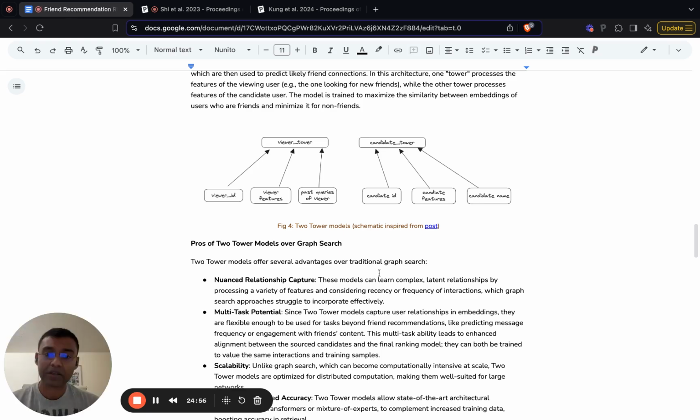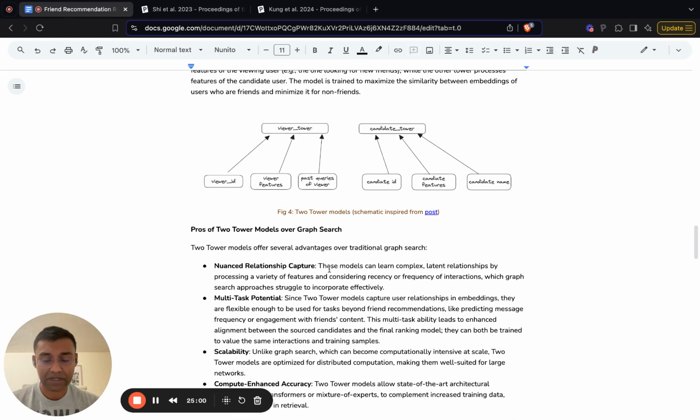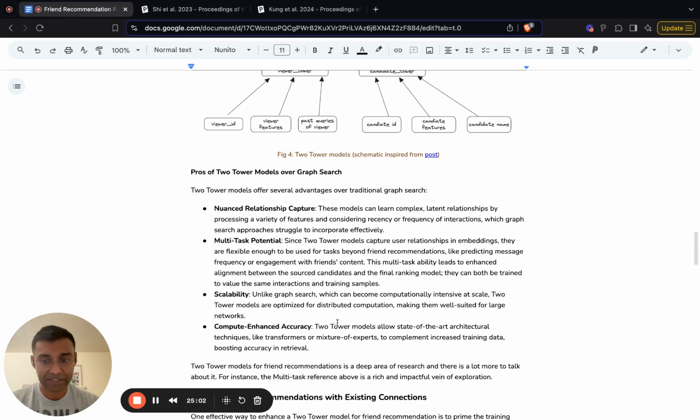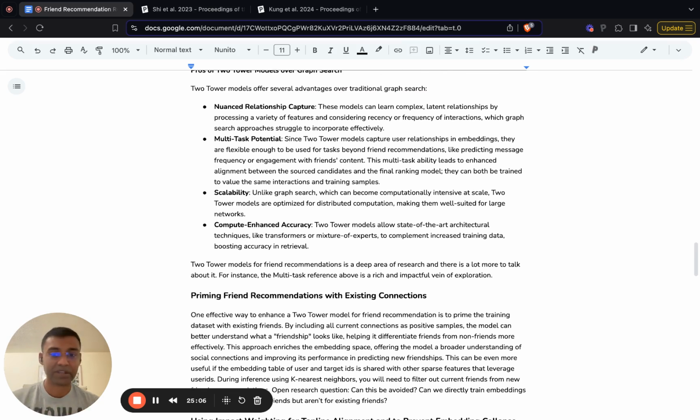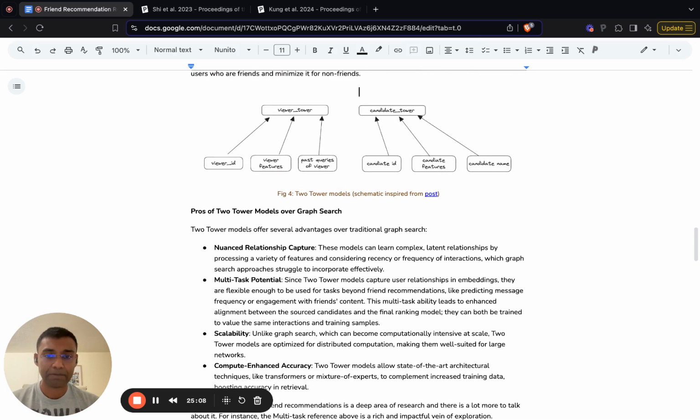So coming back, embedding-based retrieval has a bunch of salient features, but the way I recommend using it is additive, in addition to graph search. As we saw in the Snap paper, at least in Snap, they found it to add 5 to 10% of friendships made through the friend recommendation service.